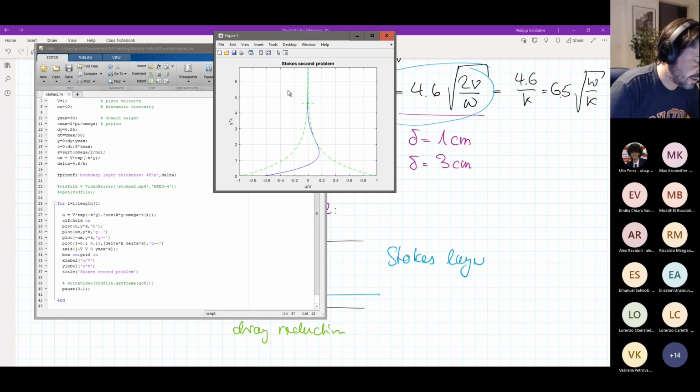And with this horizontal line, I also indicate the boundary layer thickness, the point where I have reached 1% of the amplitude down here. And this here would now be the velocity field in a Stokes layer. It would just go back and forth and back and forth. So this is now the exact solution of Stokes' second problem, as we have derived today.